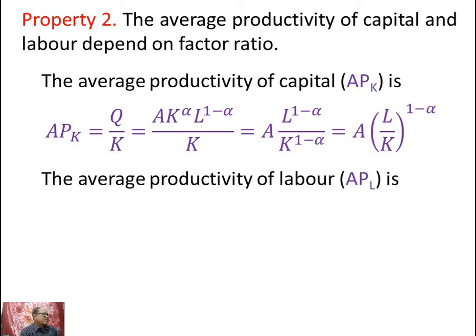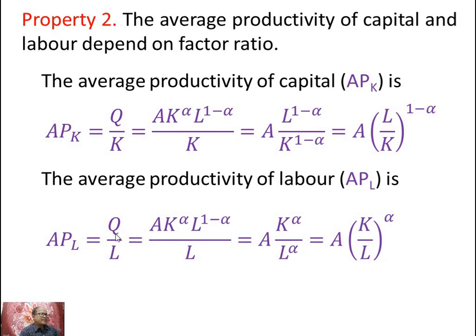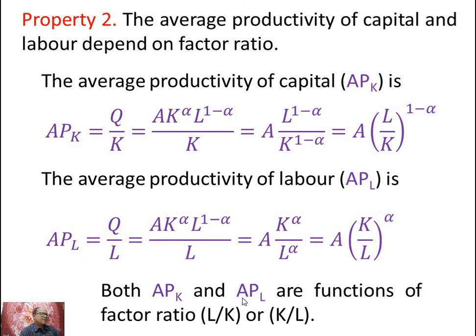The average productivity of labor APL is Q divided by L, so we get A (K/L)^α. So both APK and APL are functions of factor ratio, that is L/K or K/L.